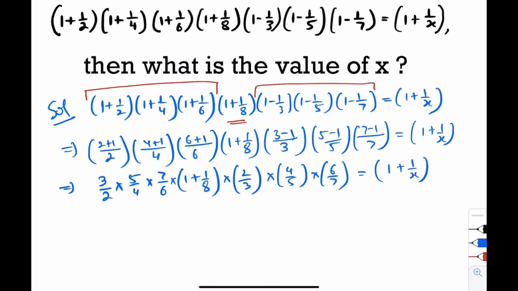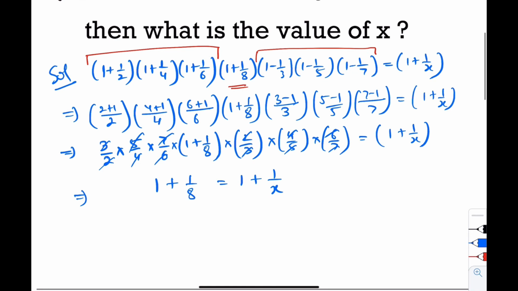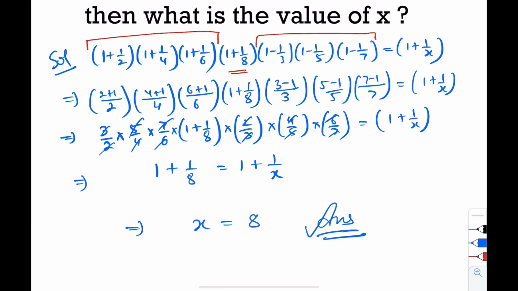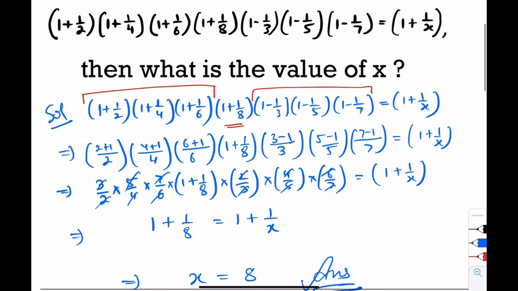So now from here 2 cancels out, 3 and 3, 5 and 5, 4 and 4, 7 and 7, and 6 and 6. So we have only 1 plus 1 by 8 equal to 1 plus 1 by x. Now comparing both the sides, left hand side and right hand side, we get x equal to 8. So our answer is 8. The value of x is 8.